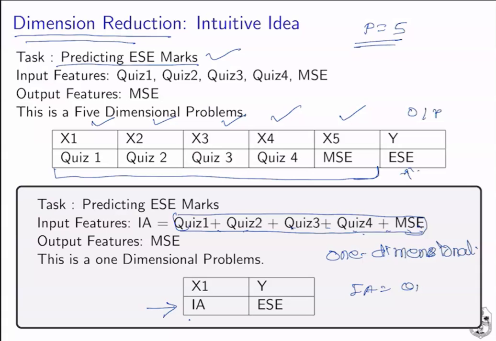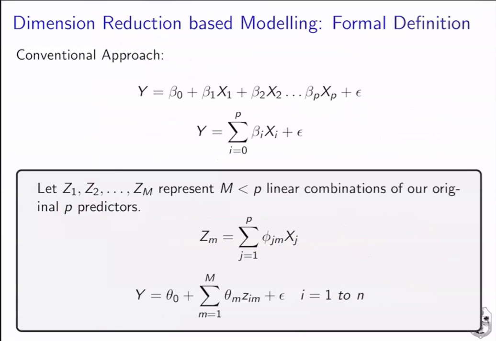The purpose of principal component analysis, or dimension reduction, is to identify a smaller number of features, that is, to map the given p features into m features where m is less than p, and model the regression problem in terms of the reduced set of features.